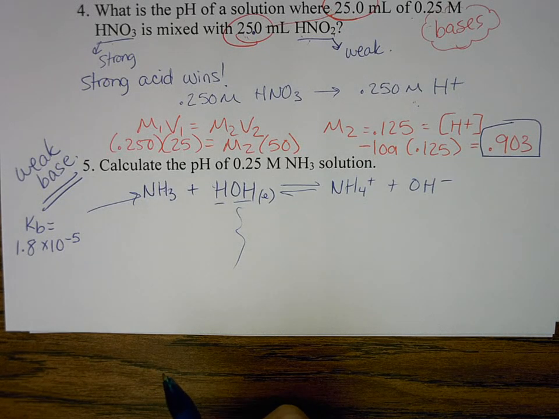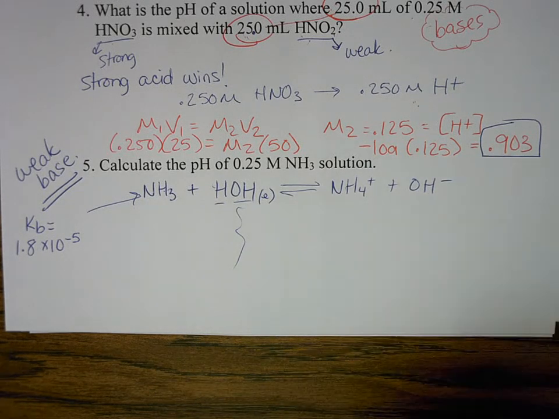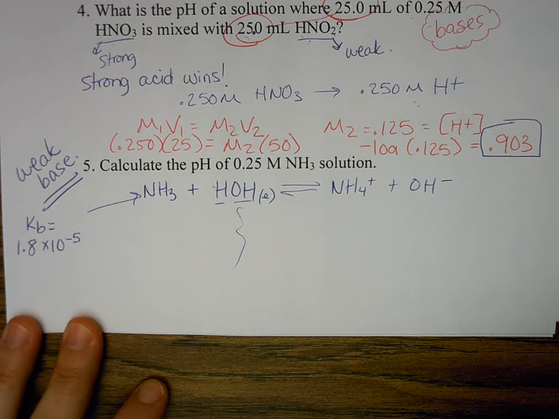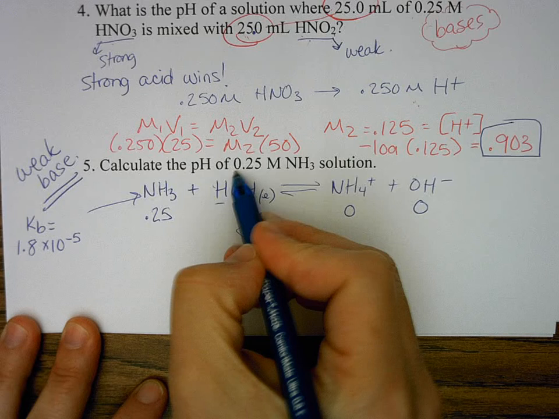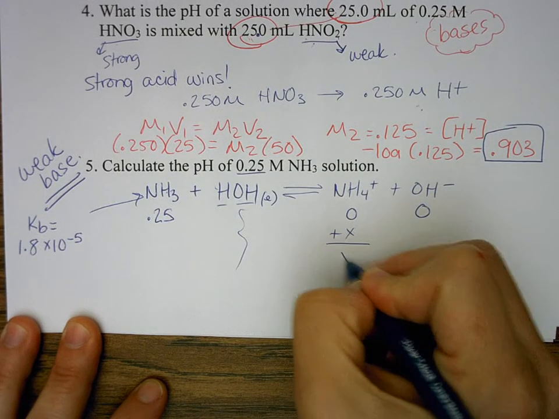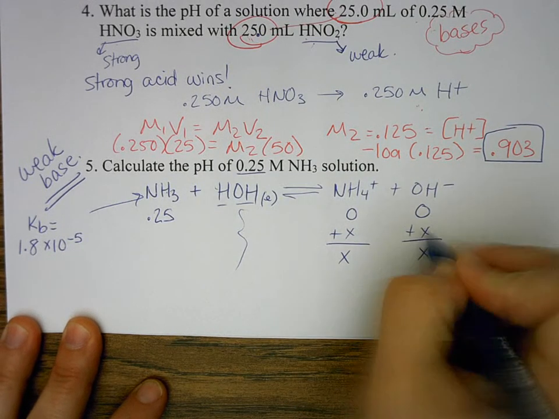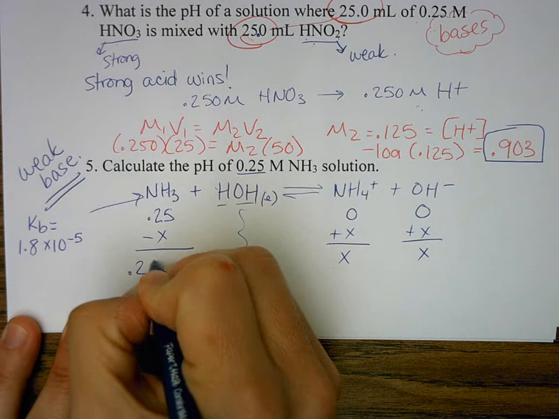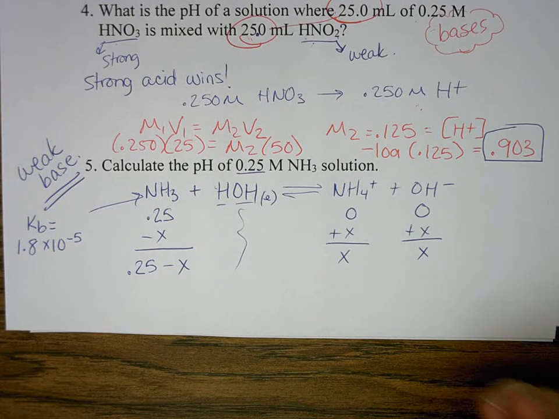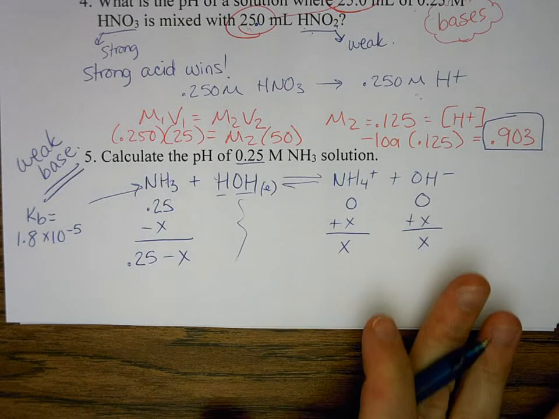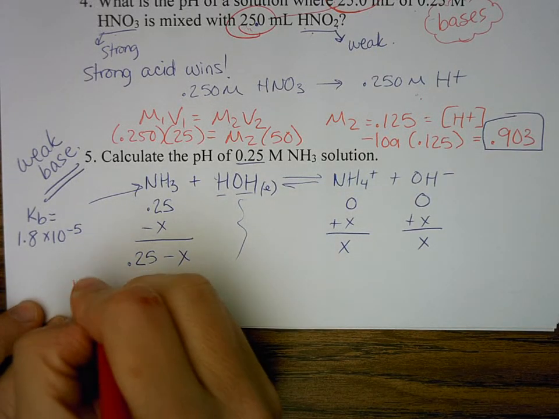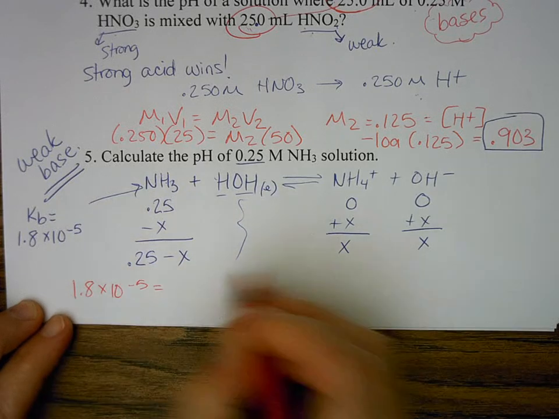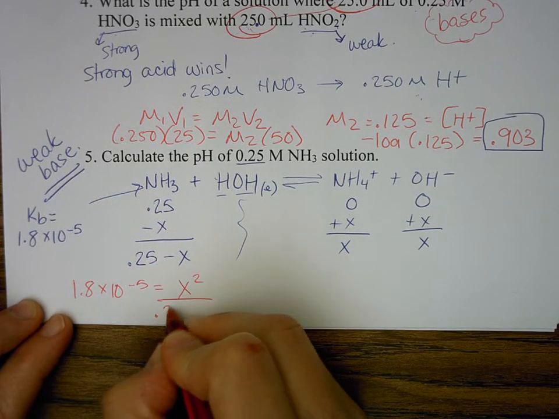So you set up an ice table exactly the same way. So you have 0.25, 0, 0. 0.25 is my given. So plus X, and minus X over here. Okay, so I can set up my products over reactants equal to the Kb value and solve for X. So 1.8 times 10 to the negative fifth equals x squared over 0.25 minus x.